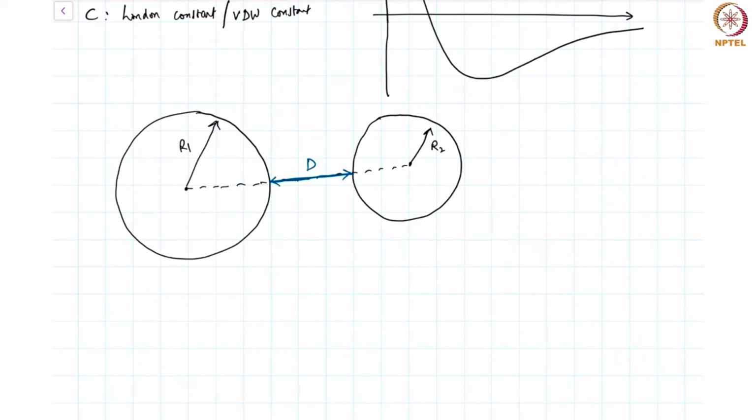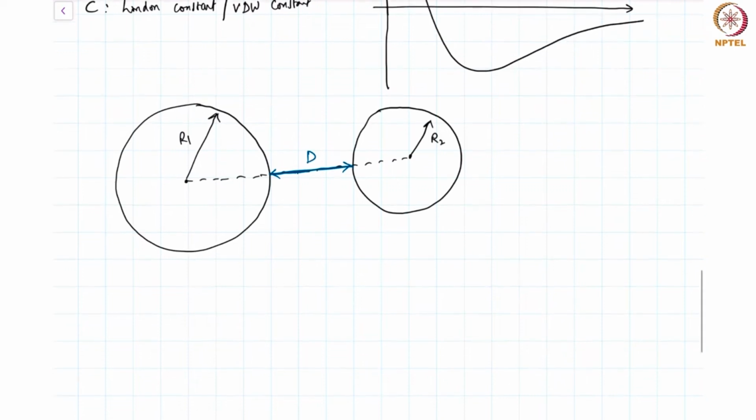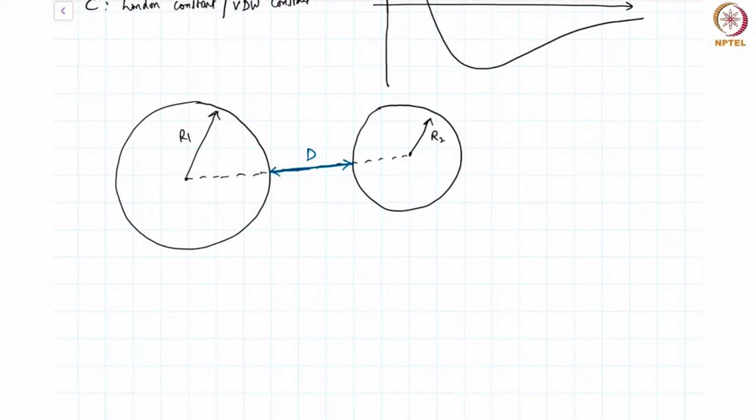So how would we go about determining the interaction potential? What we would do is take a small part of sphere 1 and consider its interaction with every molecule in this little strip. In other words, we are looking at interaction forces from every part of the strip.